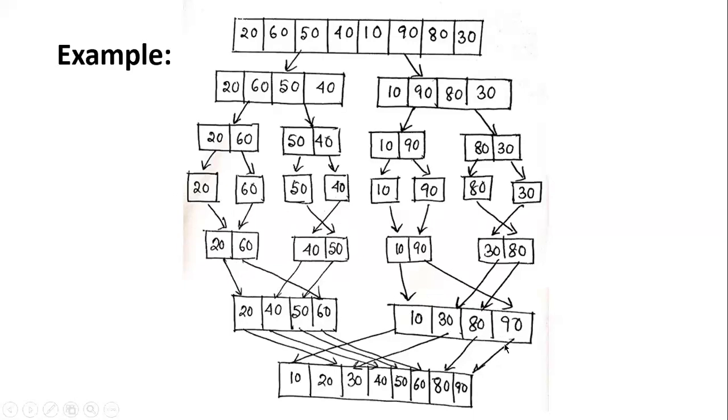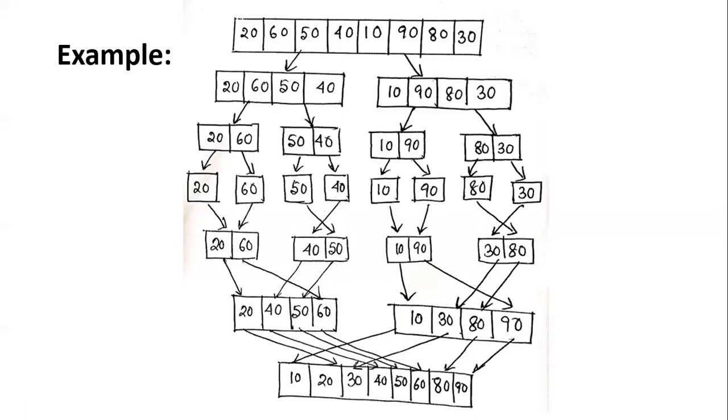Now they will again merge to get another larger sorted array, and that is the final sorted array. So the content of the final sorted array will be 10, 20, 30, 40, 50, 60, 80, 90. That is the basic concept of merge sort.